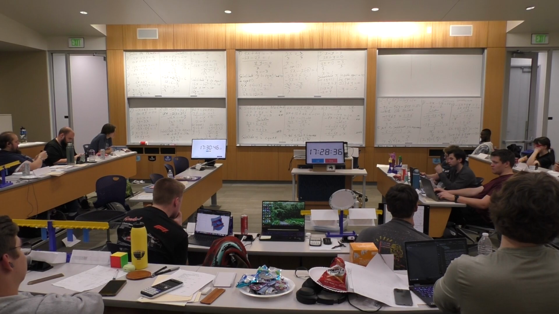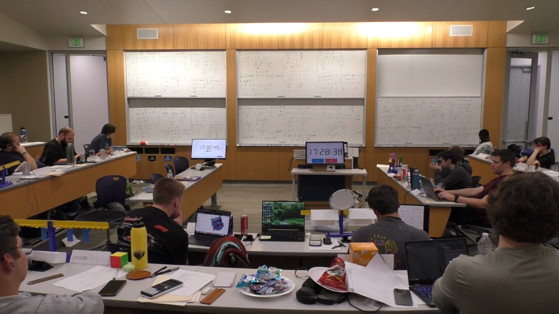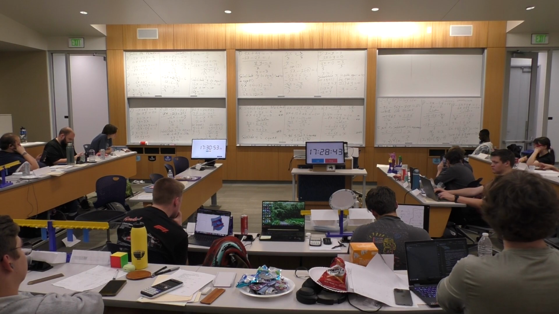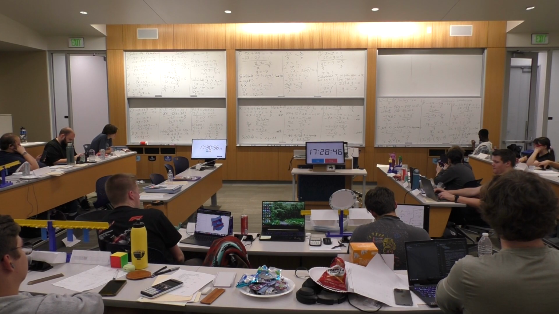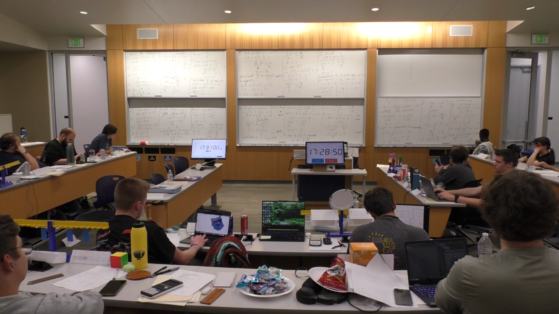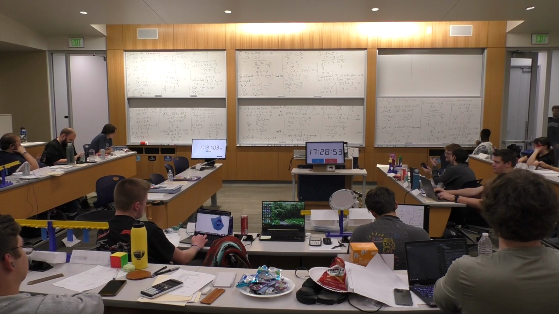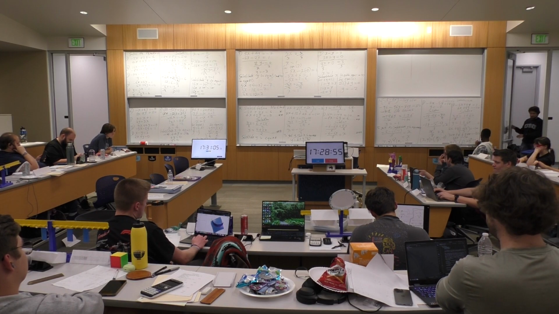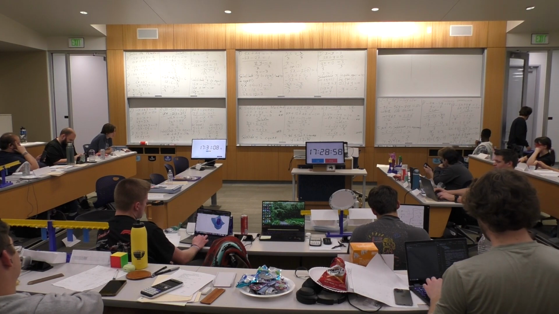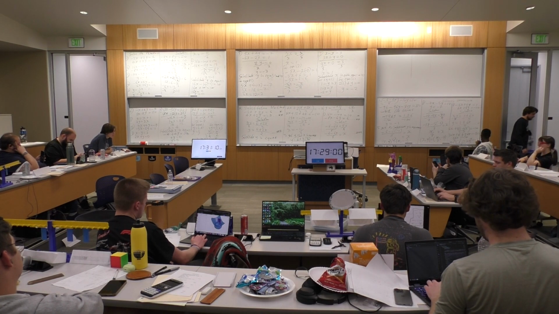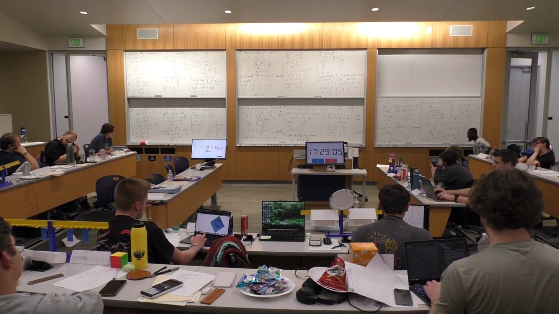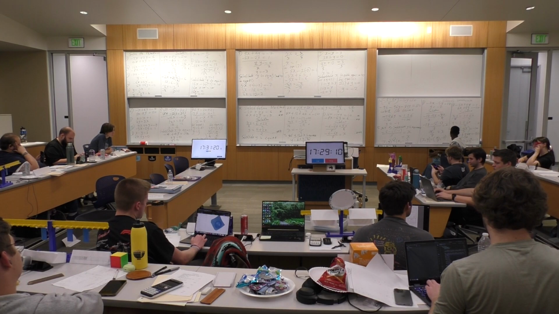Negative 6 plus 1 is negative 5. Divided by 5, we have negative 1. So y is equal to negative 1. Good.